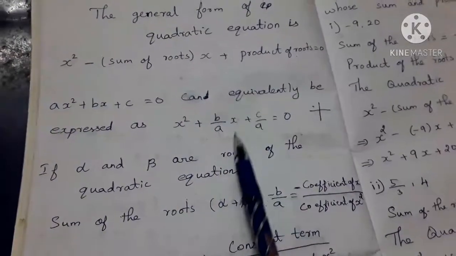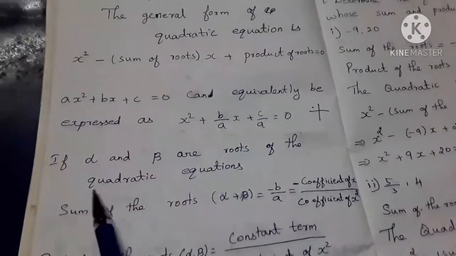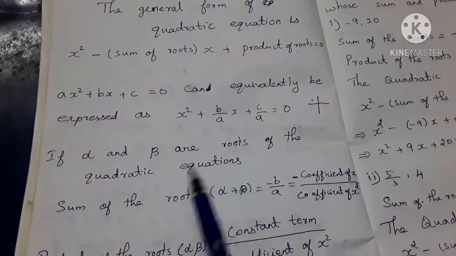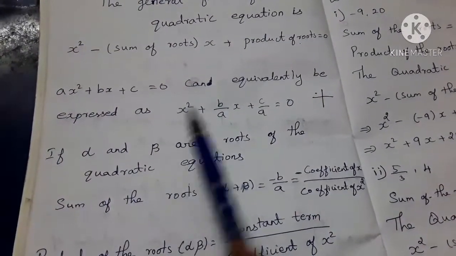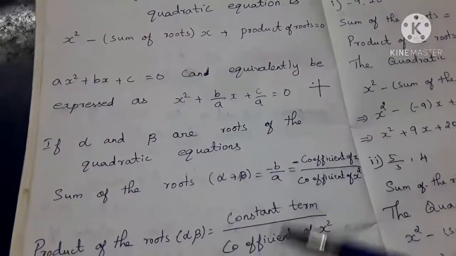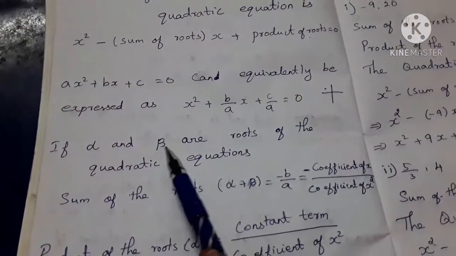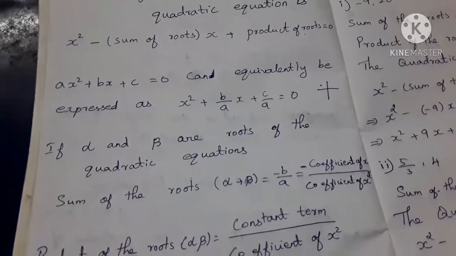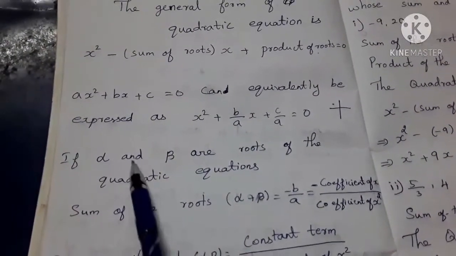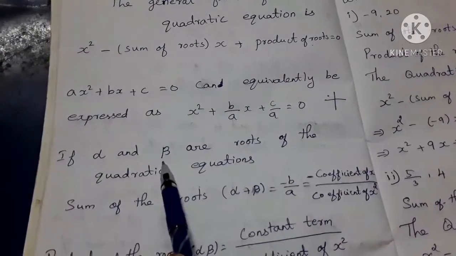So how do we express this? If alpha and beta are the roots of the quadratic equation, when we factorize we get two roots. Those roots we take here as alpha and beta. For example, the numbers 2 and minus 4 are called alpha and beta.